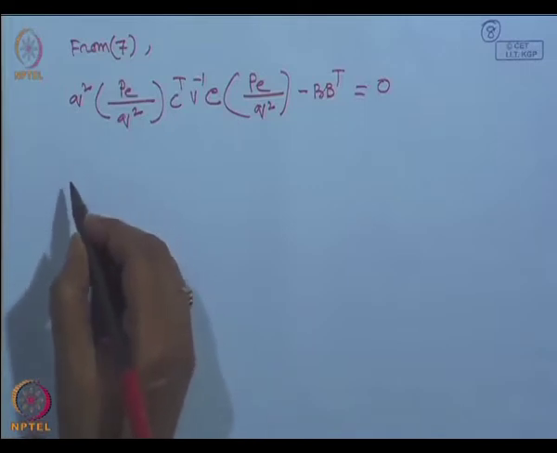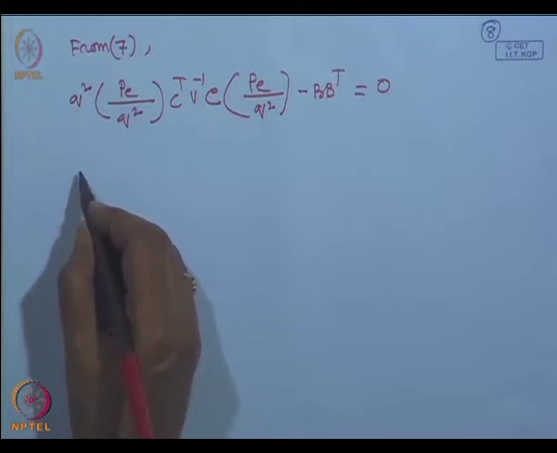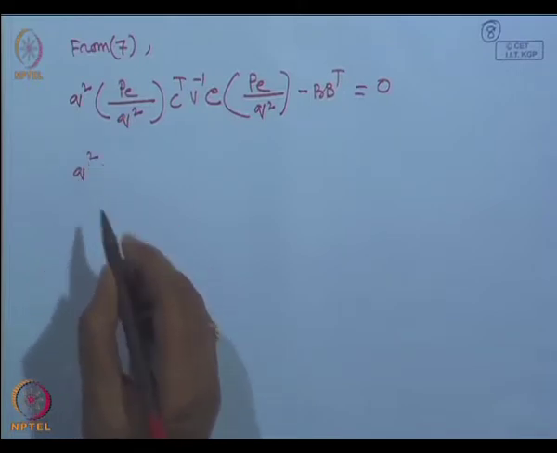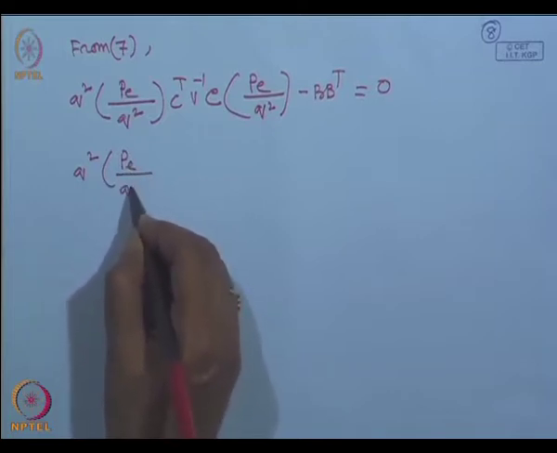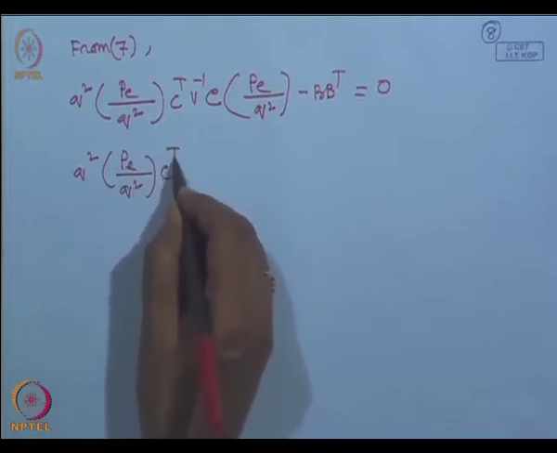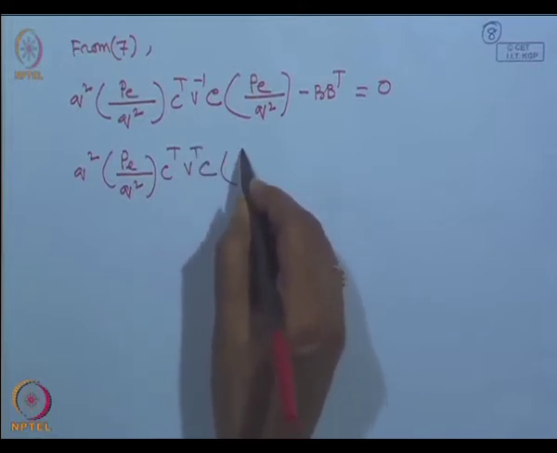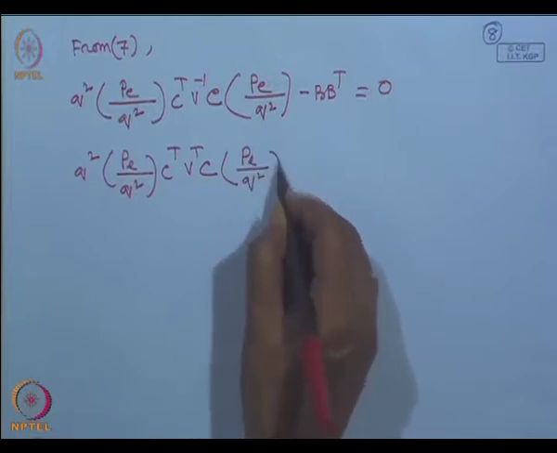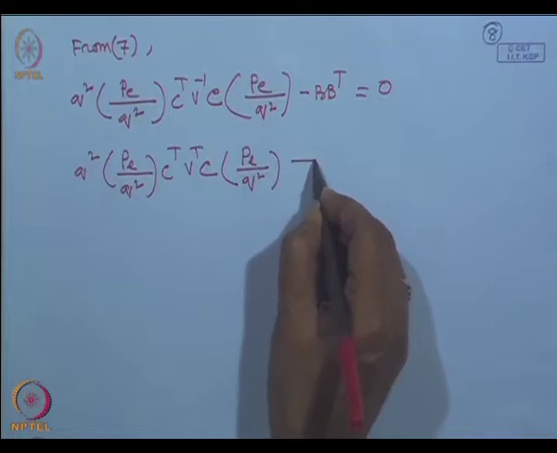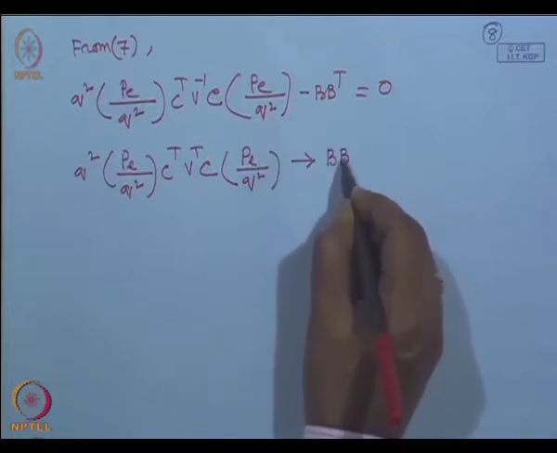Further, we can write that q square P e by q square C transpose V inverse C P e q square tends to B transpose.